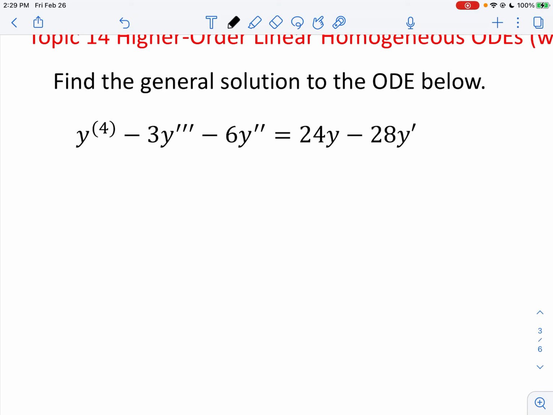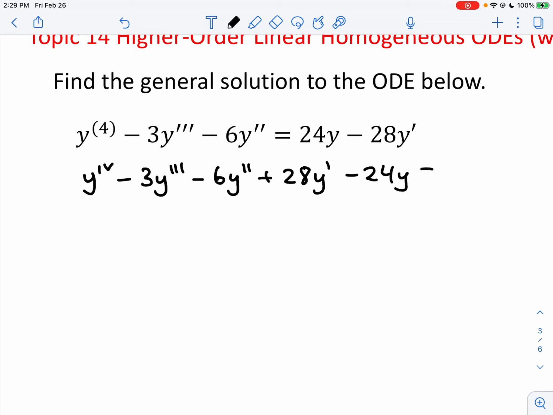Let's see, I don't need to do any manipulation since all the coefficients are already real. So I'm just going to move the terms over. We have a 4th derivative. I'll do the IV indication for the 4th derivative. Minus 3 times y triple prime, minus 6y double prime, then subtract that, or add the 28y prime, go in order of decreasing derivative, and then minus the 24y is equal to 0.